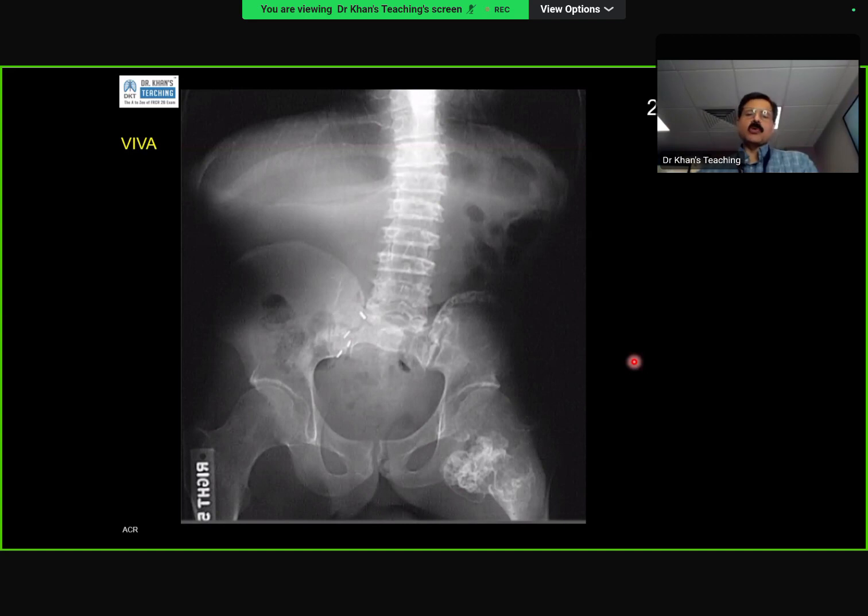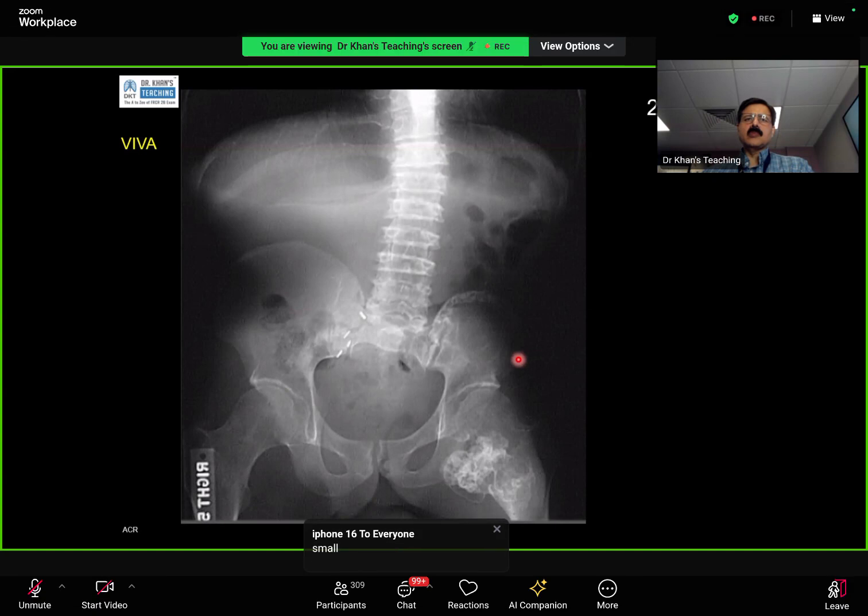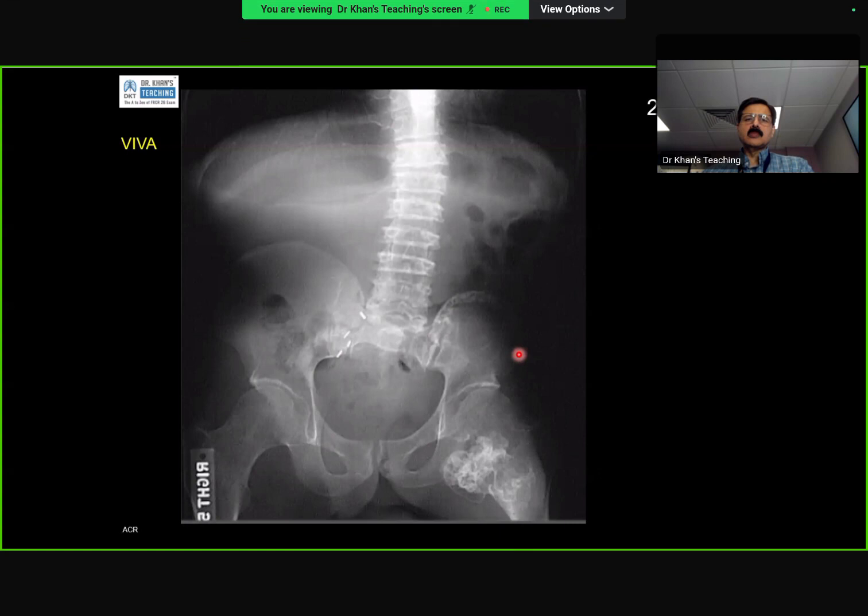Okay, can I stop you? There was no pain or anything. I want you to tell me what is the difference between this iliac bone versus this iliac bone? I can see that there is a decrease in the size of the left sacral and iliac bone in comparison with the right side. Because of that, I will see if the patient is a known case of paraplegia or has had any spinal tumor before.